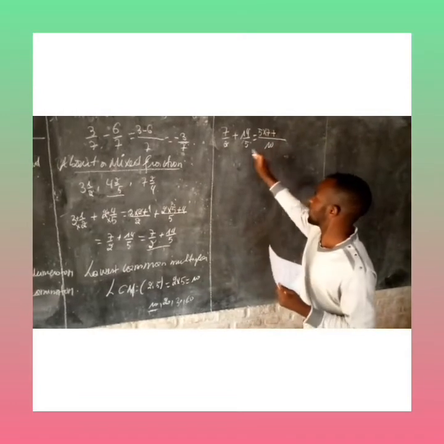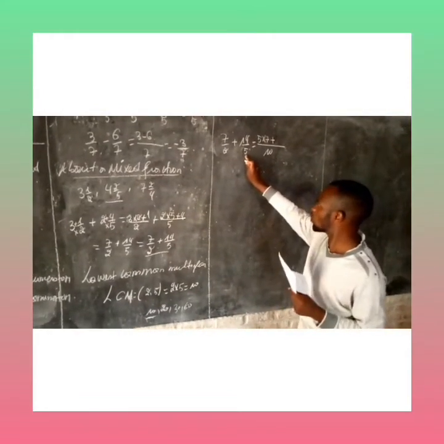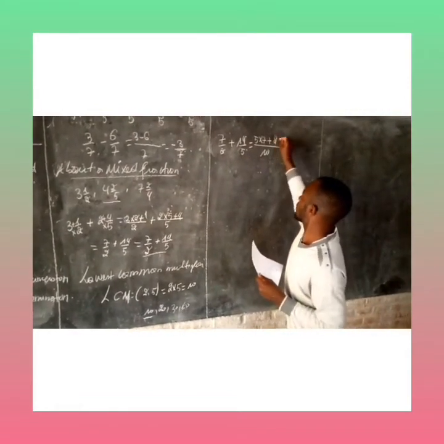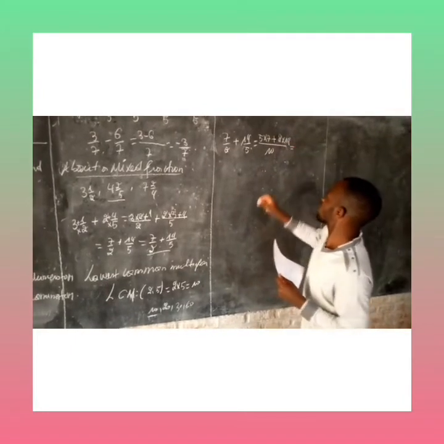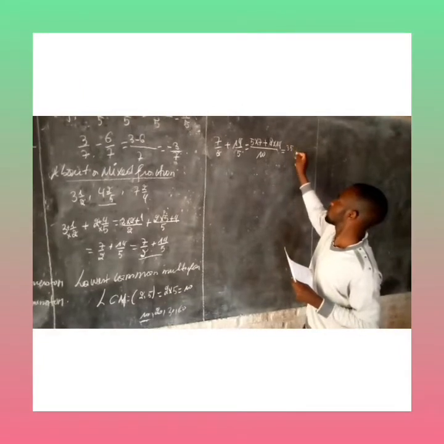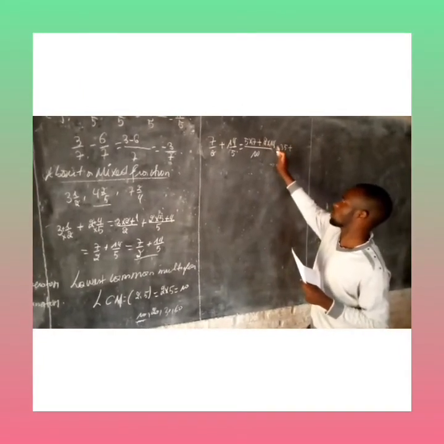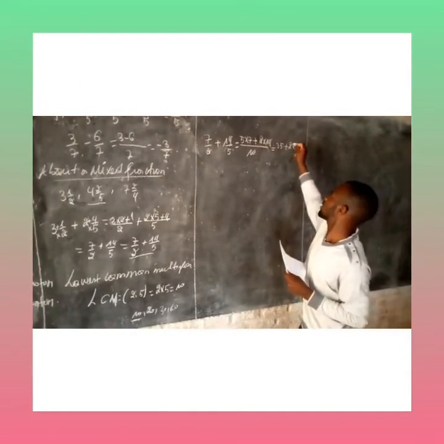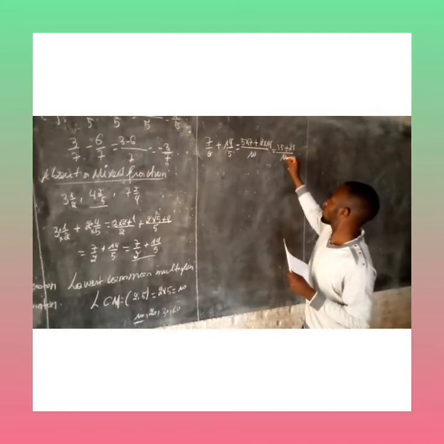Plus 10 divided by 5 is 2, and 2 times 14 gives 28, all over 10.